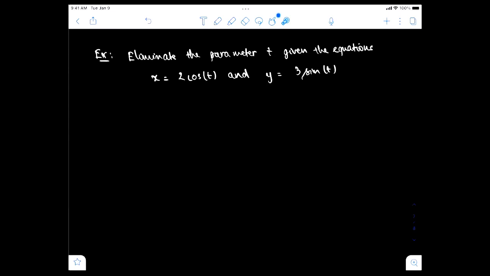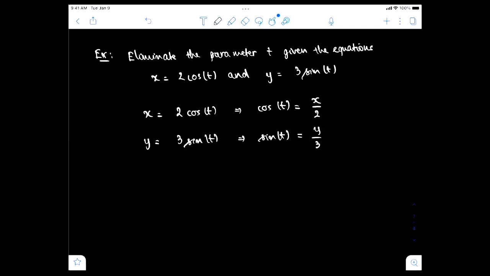So instead of x equal to 2 times cosine of t, you write cosine of t equal to x over 2. And instead of y equal to 3 times sine of t, you write sine of t equal to y over 3.